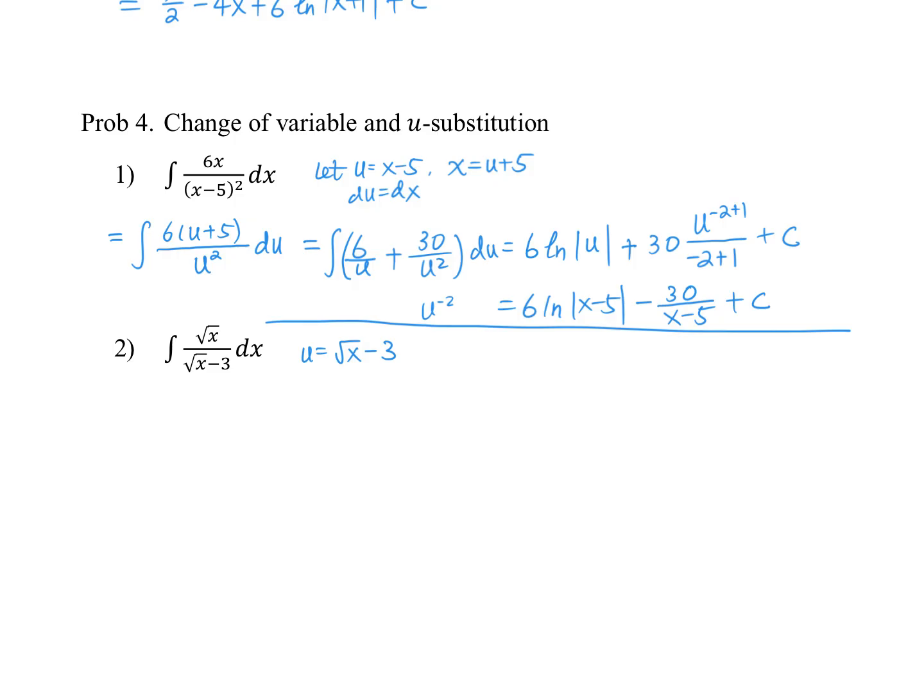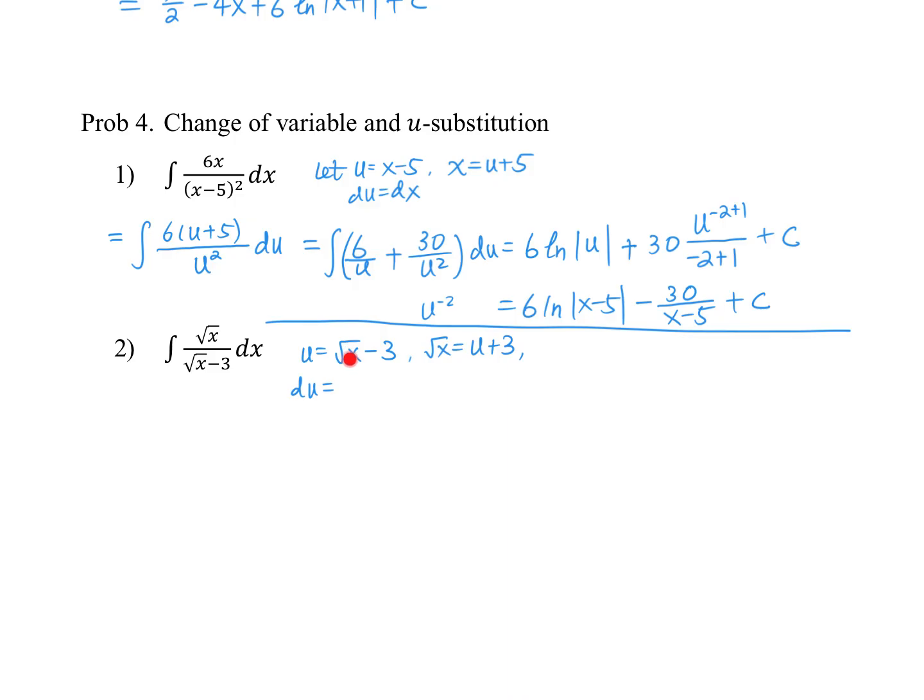Now we will have to do the substitution for the numerator, which means square root of x is going to be u plus 3. And let's figure out the dx. Okay, so du is equal to the derivative of square root of x.